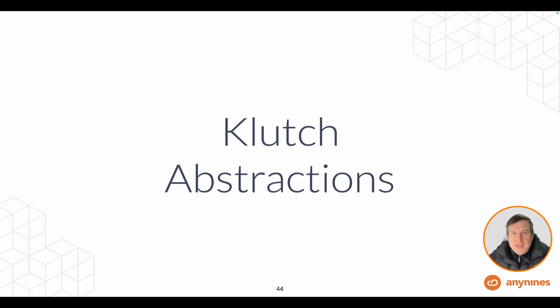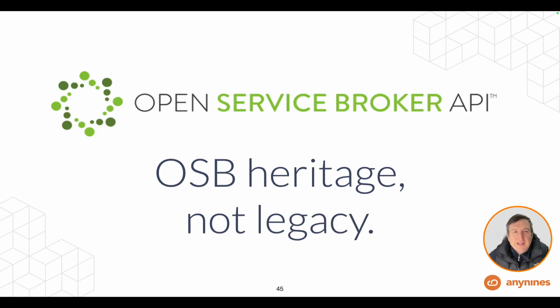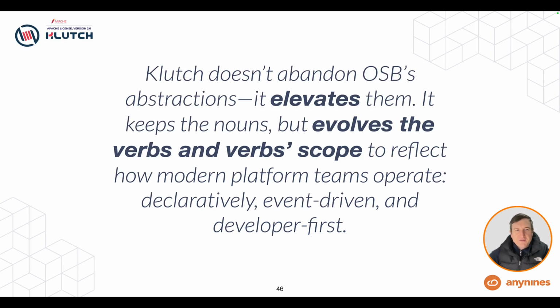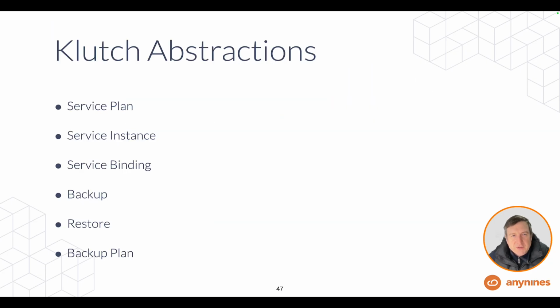So the abstractions used by Klutch are heavily inspired by the Open Service Broker API, and we consider Open Service Broker to be heritage and not legacy. So we don't abandon the Open Service Broker's abstractions, but we elevate them into something that's more declarative and event-driven, as you would assume for a Kubernetes native approach.